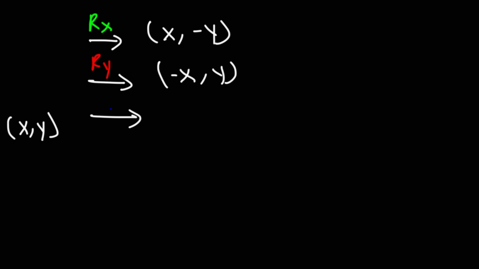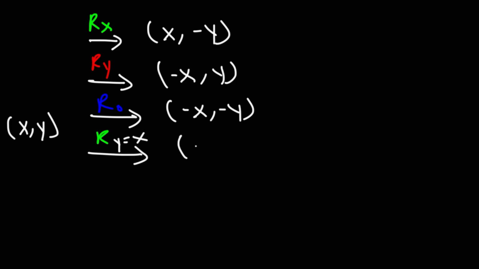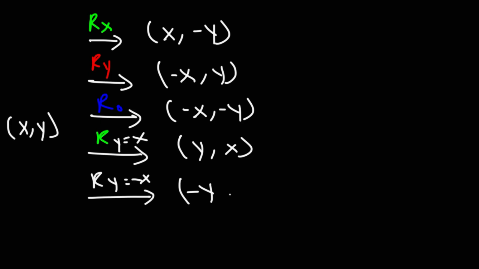And then if we reflect it about the origin, we get -x, -y. And then if we reflect it about the line y equals x, this gives us the inverse, y, x. If we reflect it about the line y equals -x, we get the negative inverse, -y, -x.